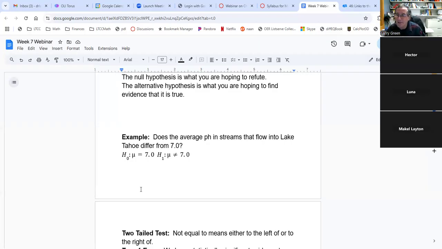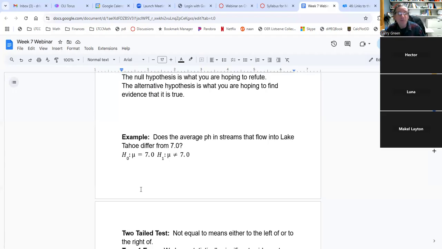Do we have a disaster of the flow into Lake Tahoe? Should we be worried? Does that make sense? And it's done every year. It's a bunch of volunteers. And again, we meet at the college. It's usually towards the end of May, if I remember right. And I can tell you more about it later. And I'm not in charge. I'm just a volunteer. And what they do is they take data.